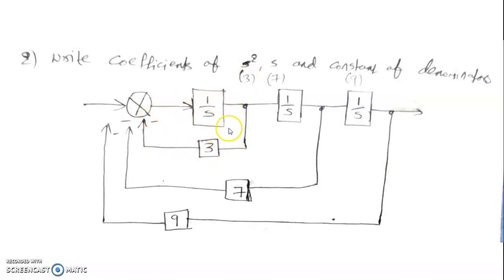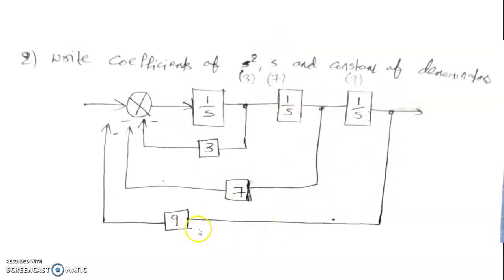Now this will give you G(s) by 1 plus G(s) into H(s), that is the simplification by block diagram reduction. So this is the actual G(s), this is the feedback path. So G(s) by 1 plus G(s) H(s). Now similarly here you write the s coefficient, 7. Similarly you write the constant coefficient, 9.